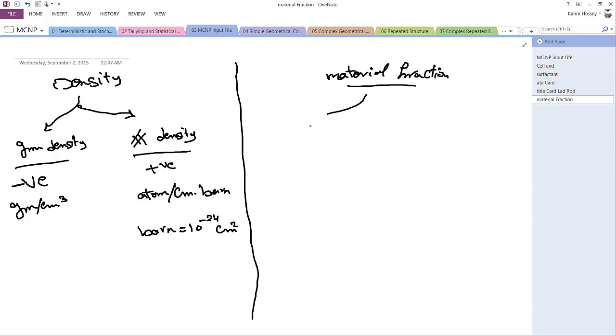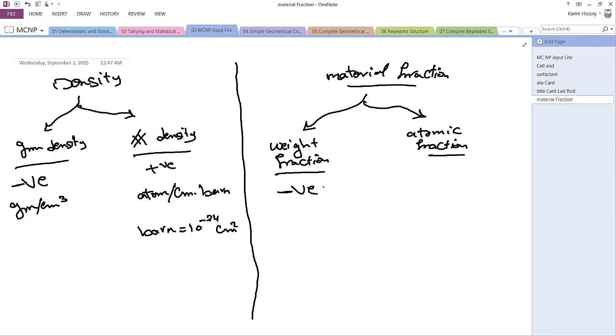Here, regarding the material fraction, we have two ways to express this fraction also: weight fraction or atomic fraction. Weight fraction uses a negative sign, and atomic fraction has no negative sign, it's a positive value.